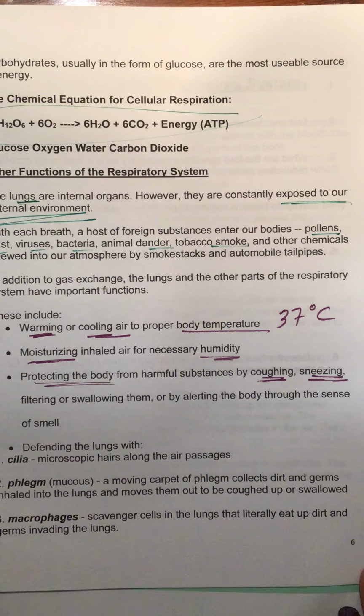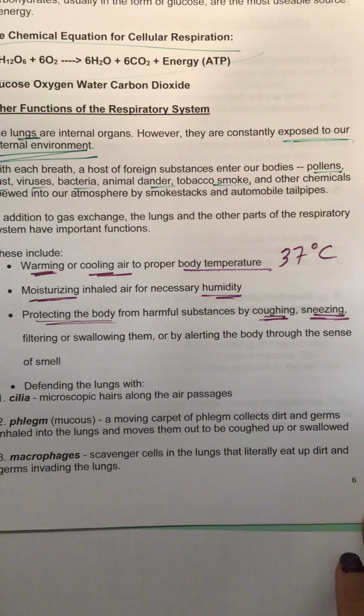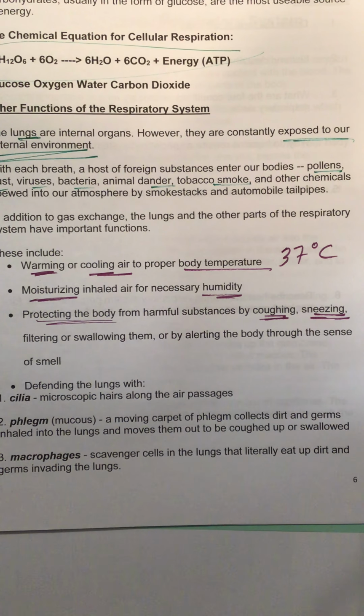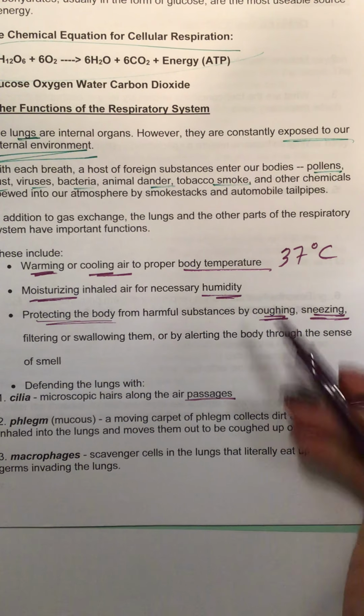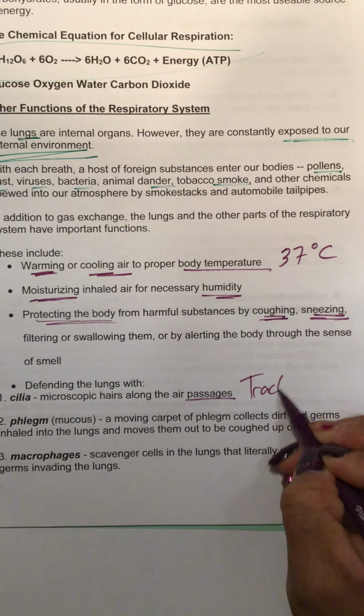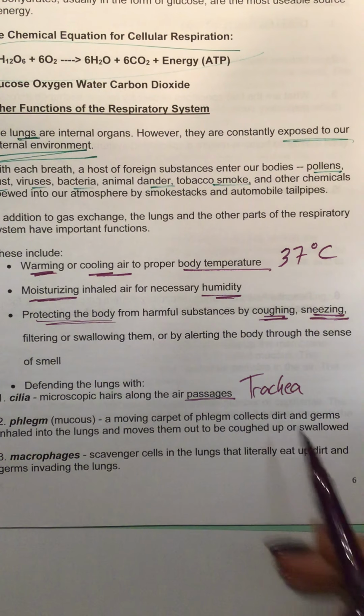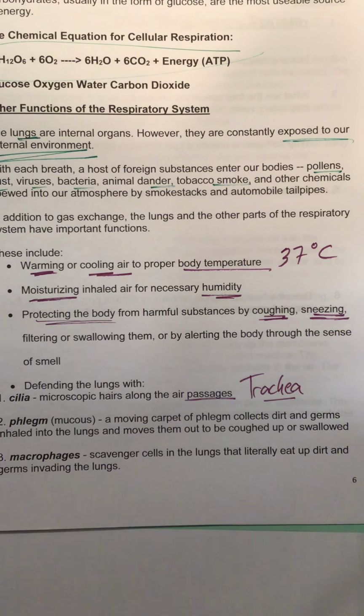All right, so what do we have in our respiratory system that allows the lungs, and the trachea and all the tubes that lead to the lungs, to protect itself? Well, inside the air passages, when we talk about the anatomy, you will know that the trachea is the windpipe.